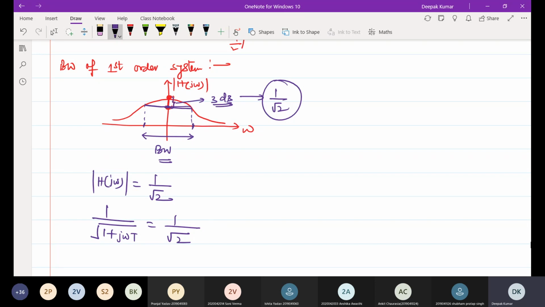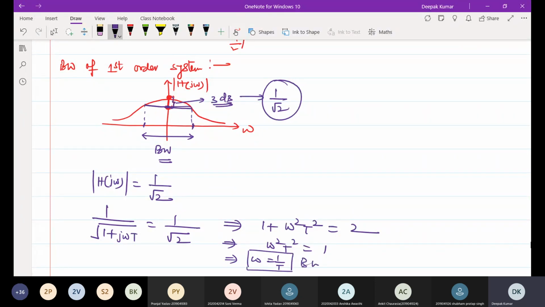Now simplify this equation, you will get 1 plus omega square T square is equal to 2, or omega square T square is equal to 1, and so omega is equal to 1 by T.